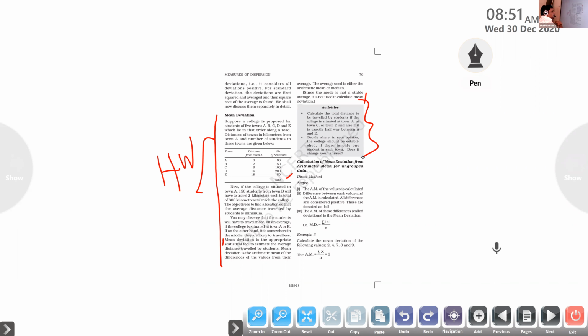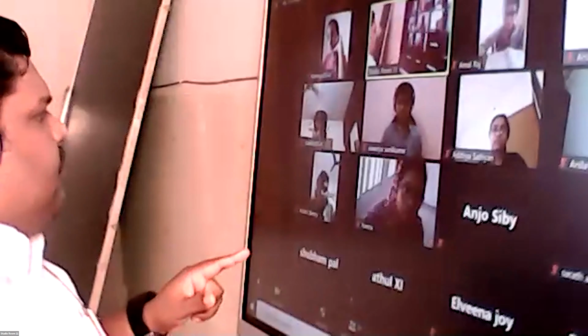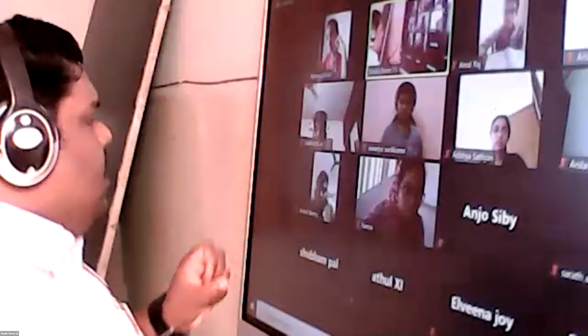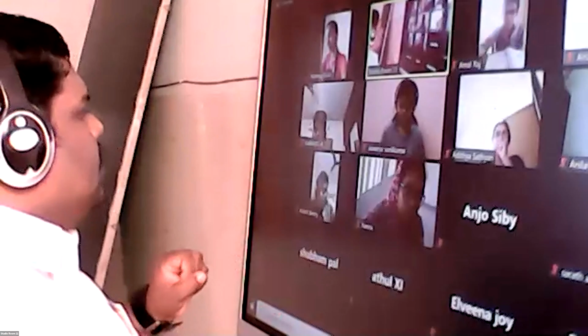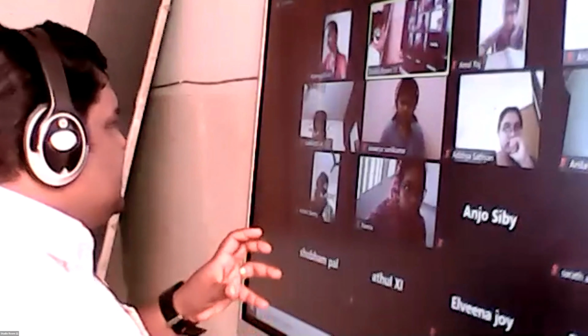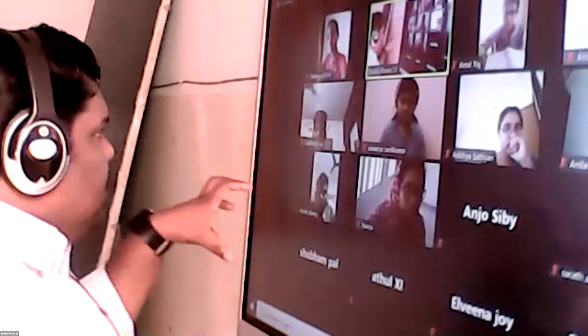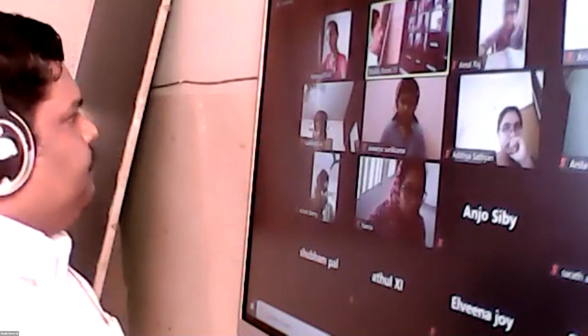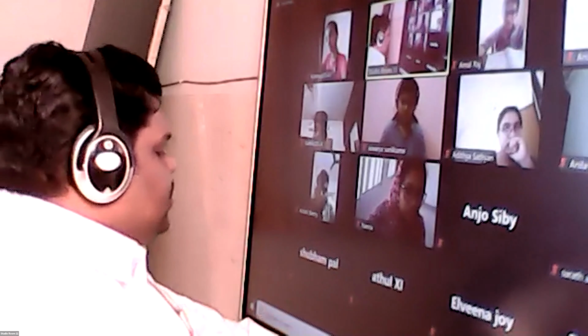You have to find the answers to these questions. Hope this idea is clear, right? You want to find the average, mean and median, and find a place where you construct the college so that the distance of traveling is reduced for all the students. Clear? Okay, just try it.